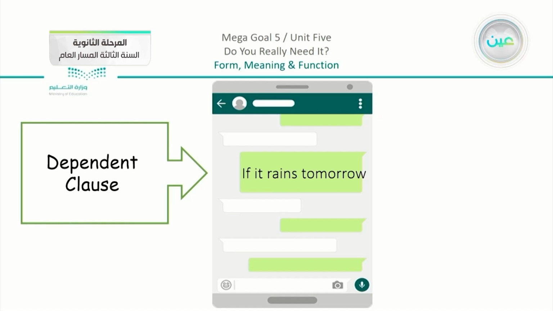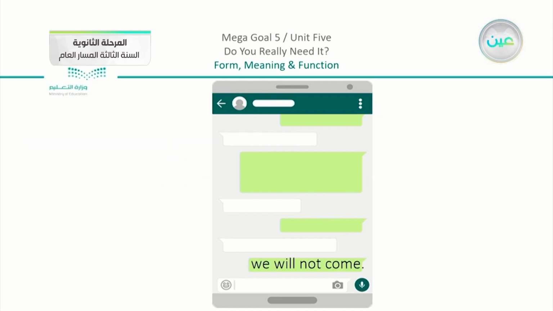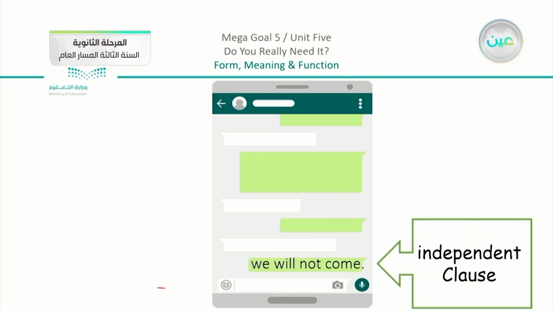And you can see that there is the if, which means that we have here if clauses. They are dependent clauses as well. On the other hand, we have here, if we just wrote, we will not come. So just imagine that you just received this text, which is we will not come. You have received a complete idea, a complete meaning here, which means that we have here the independent clause.